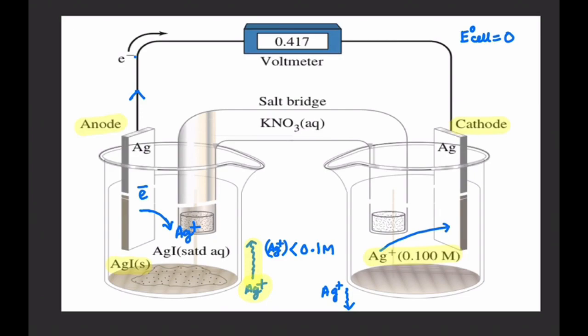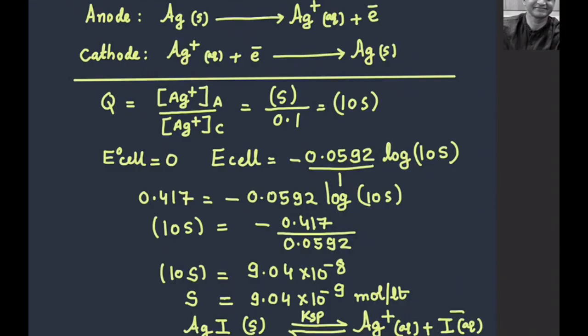AgI is a sparingly soluble compound, so the Ag plus ion produced by AgI in this solution will be very small. At anode, Ag solid is converted into Ag plus by loss of one electron.